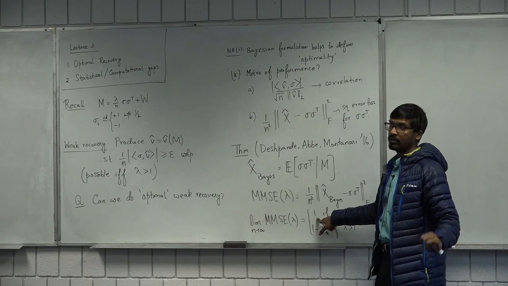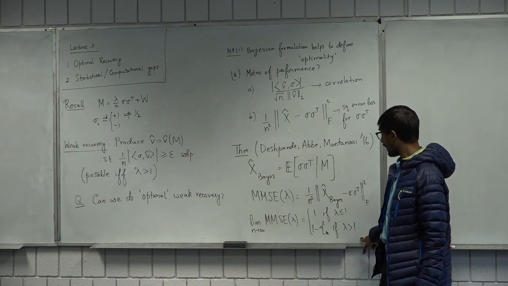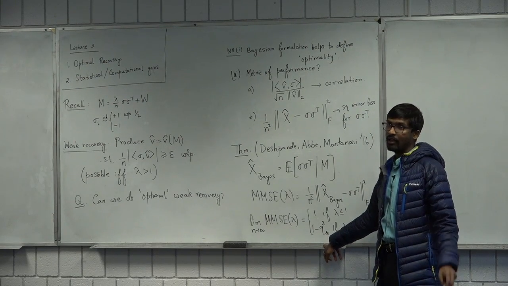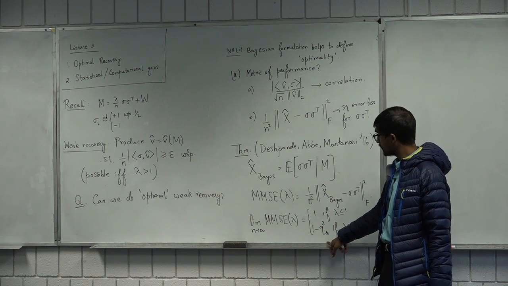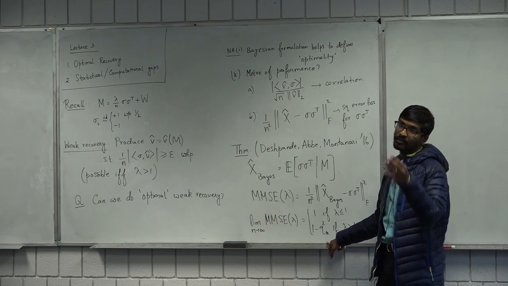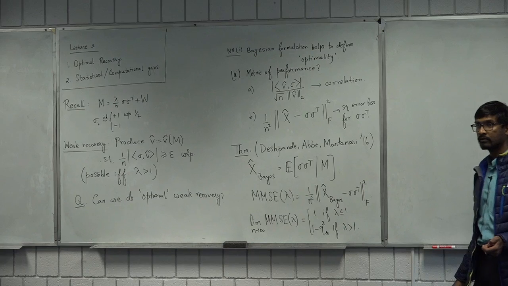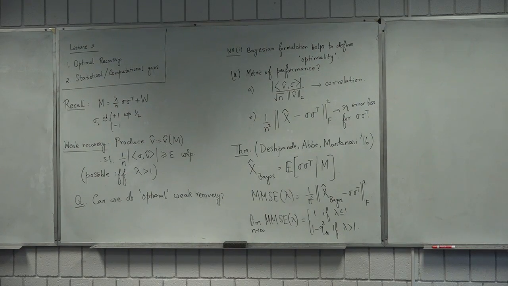You can't really do anything. There's a fundamental threshold. But then as lambda increases, your MMSE goes down to 0. And this Q star is a function of lambda. So this essentially tells us exactly how the MMSE decays as the SNR parameter lambda goes up. Is there a point after which it is actually 0? No, it will decay smoothly.